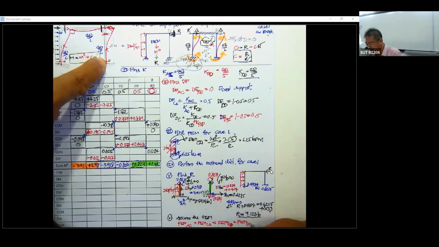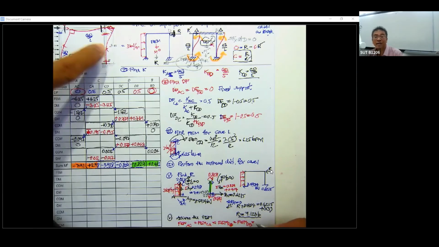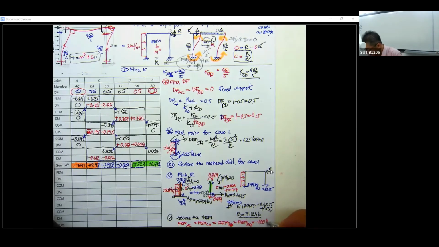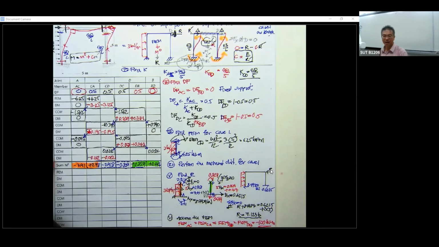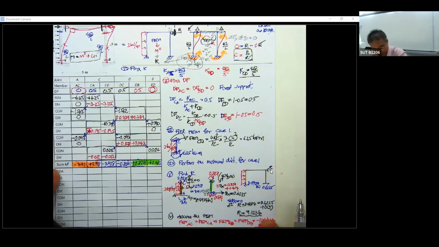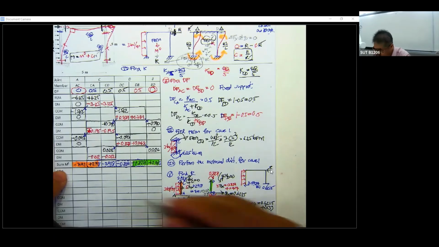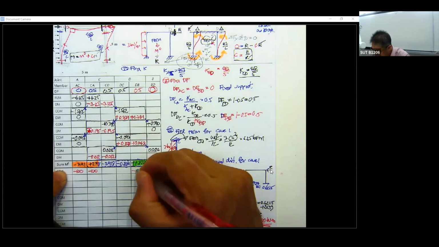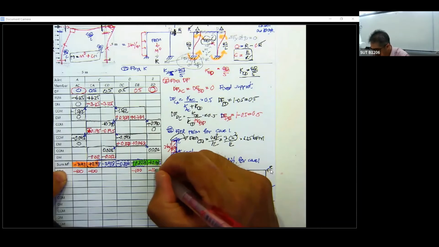I will give you like this. This is counterclockwise, right? I said it's going to be minus 100 kilonewton meter. I will, in the examination, provide you with this assumption. So it's going to occur on the columns: AC, CA, BD, DB. That is going to be minus 100, minus 100, minus 100, and minus 100.